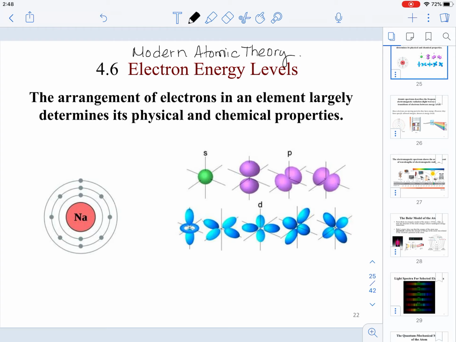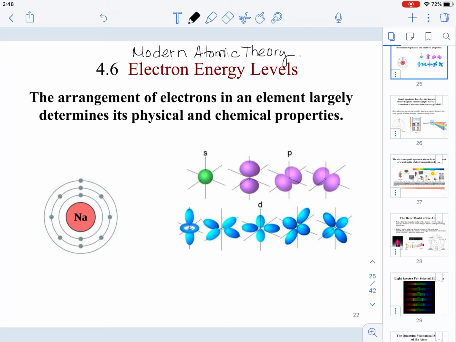By the end of early atomic theory, we didn't know if electrons had an exact location, if they were placed randomly inside the atom, or if they had energy. We just knew that there are some negative charges circling the nucleus, and that's it, nothing else.